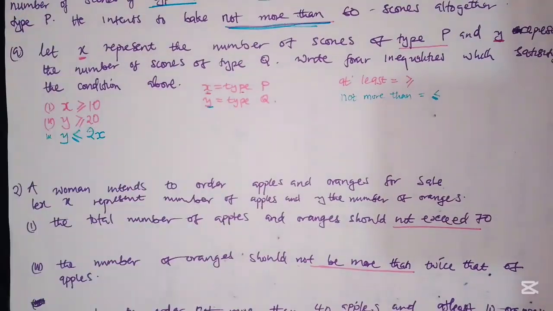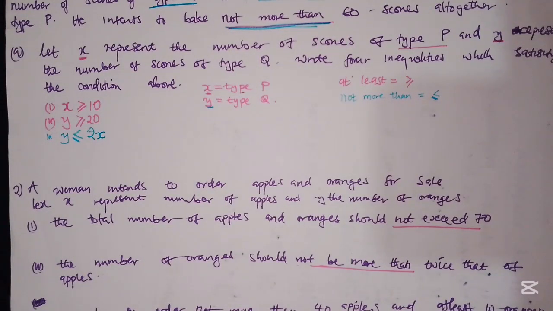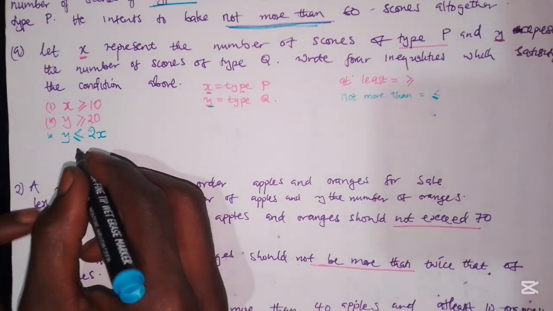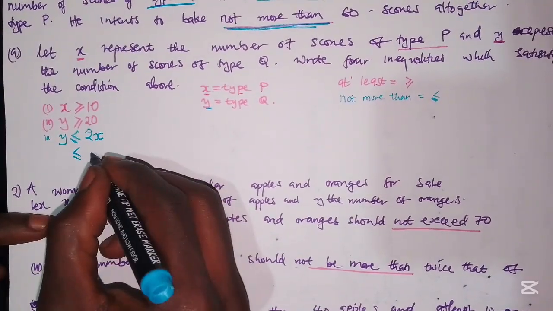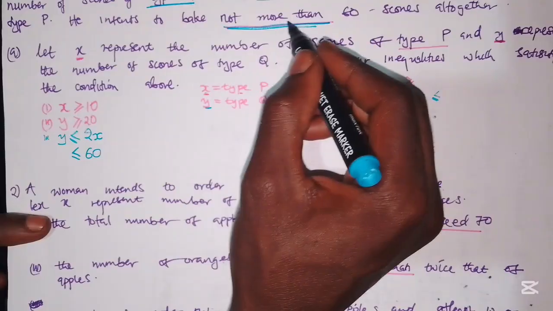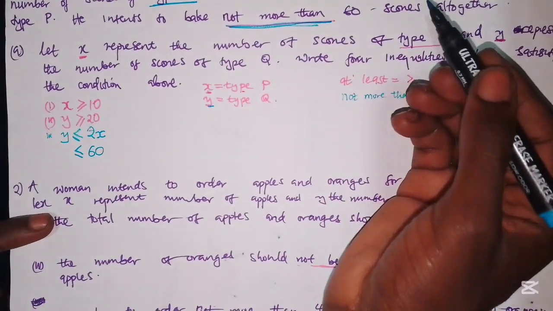Here this man wishes to bake not more than 60 scones altogether. We say that not more than is less than or equal to, so the scones altogether should be less than or equal to 60.